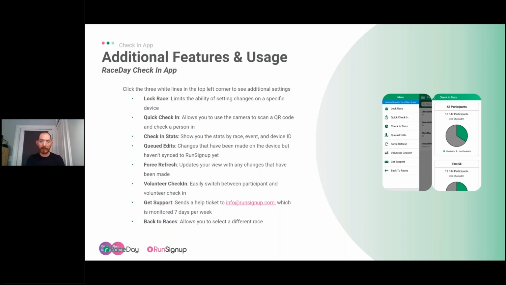The next one is force refresh. Again, this is not really super useful unless something's not working properly. The reason you want to use force refresh is that the way we sync with RunSignup, certain things automatically get updated. If a new participant registers for the race, they automatically show up in RaceDay as check-in without any interaction needed by you.